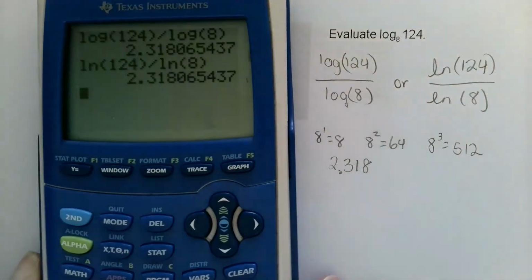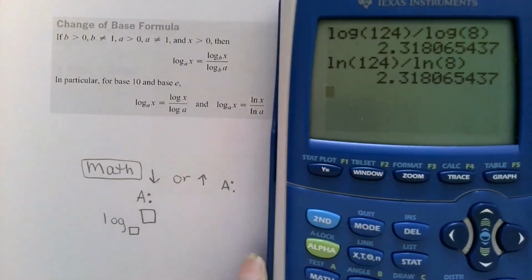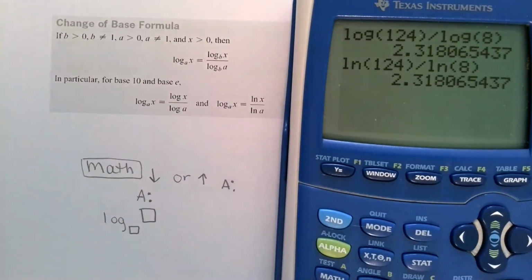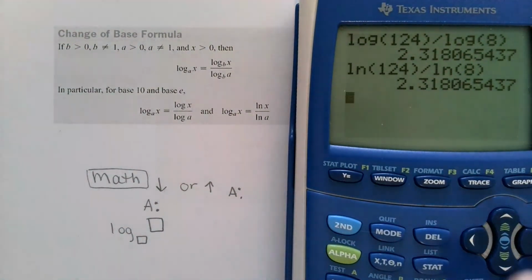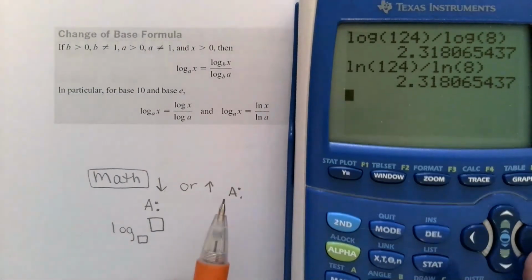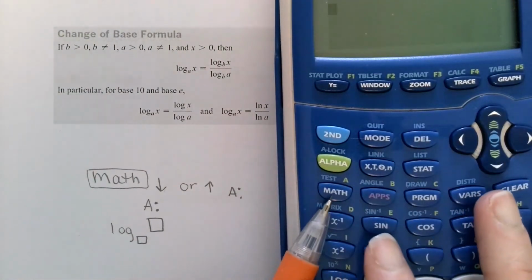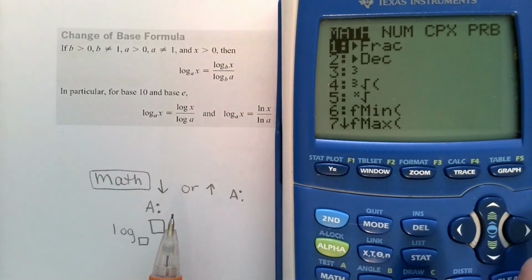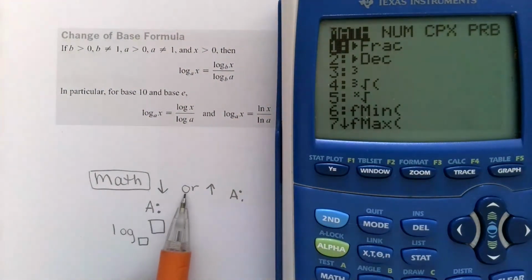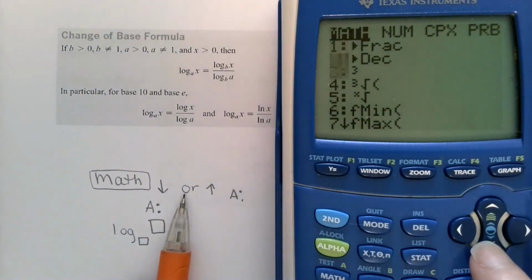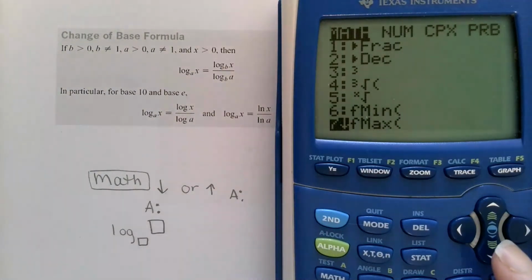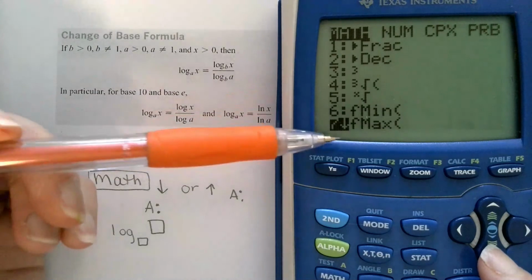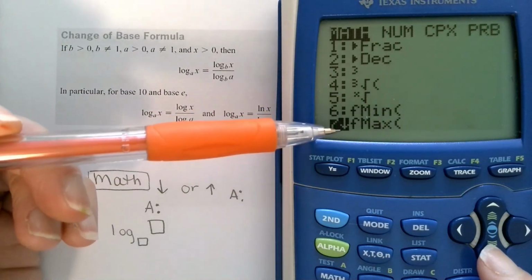Now, if your calculator has been updated and has this, if you go to the math function, the math button right here, in that first column, you don't see it the way it is now. But if you arrow down and keep going down, this little arrow here tells you there's more to see.